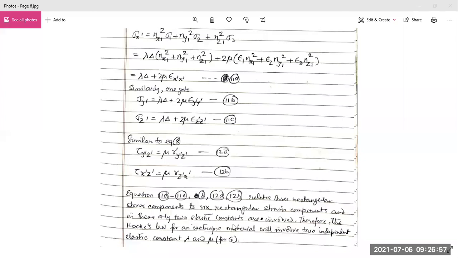And in this, out of 36 constants, we have taken a decision that we will consider only isotropic material. And if we want to consider the stress and strain condition of a particular point, we take the position that all the stresses in all three mutually perpendicular directions are the same.